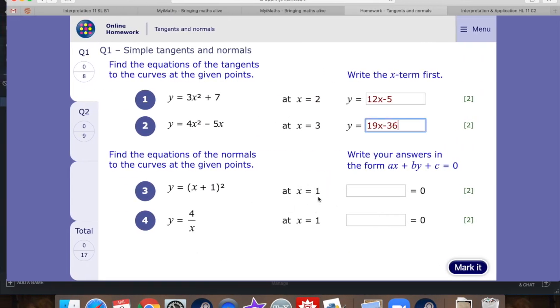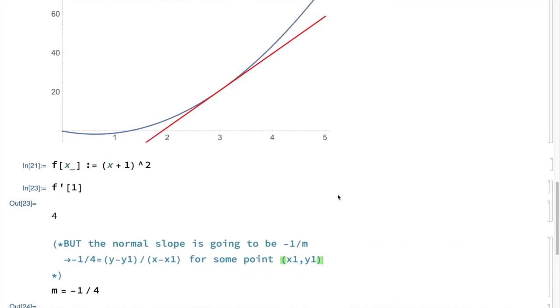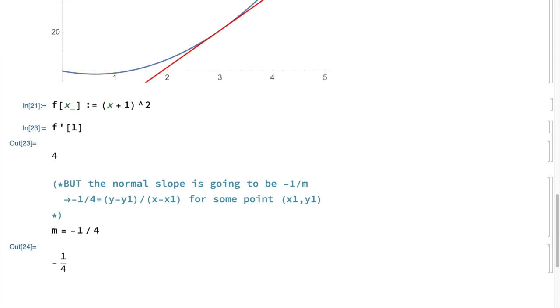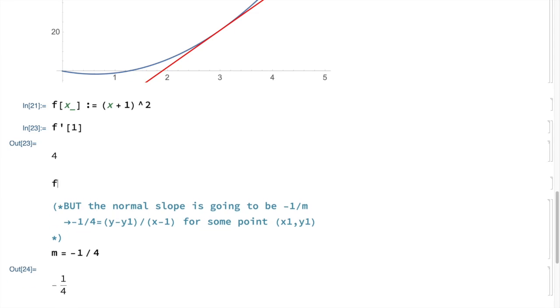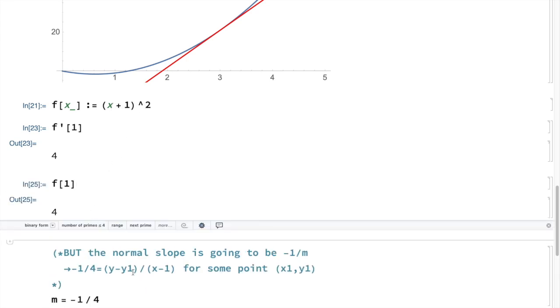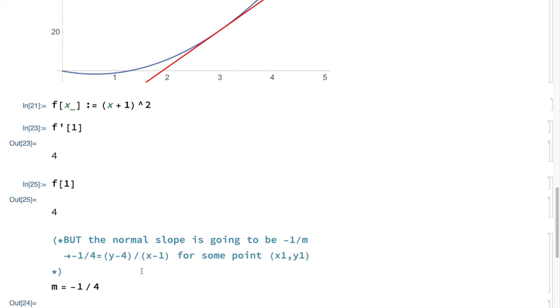X is equal to 1. I can plug 1 into that, and that'll give me my point on the curve. So why don't we change this to a 1? And for this, all I need to do is say f of 1. If I plug in a 1 right here, I'll have 1 plus 1, which is 2, and then 2 squared, which is 4. So this one should be a 4.